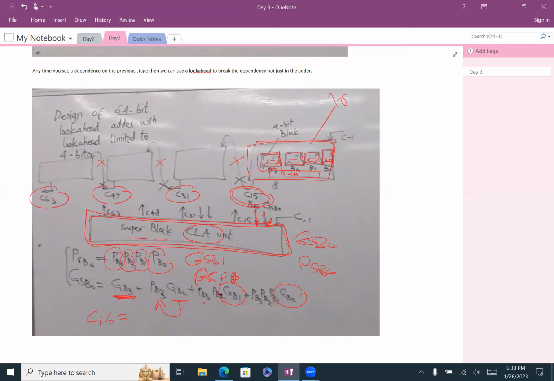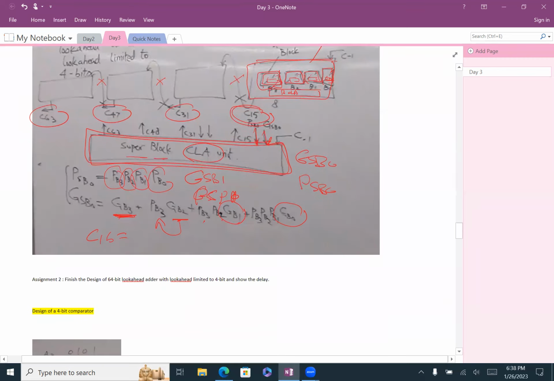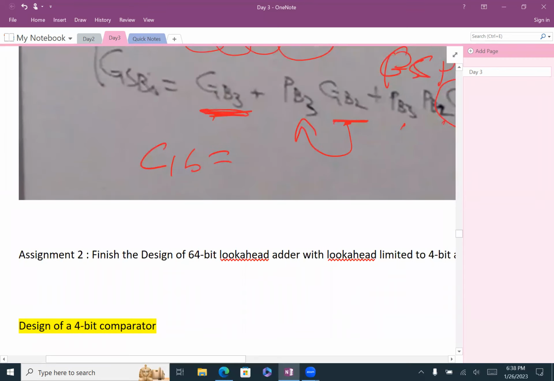So now, can you do the delay analysis here by yourself? Of course, you have to find the delay. So what is the assignment? I will send it to you. The assignment: finish the design of the 64-bit look ahead, where look ahead is limited to 4 bits.